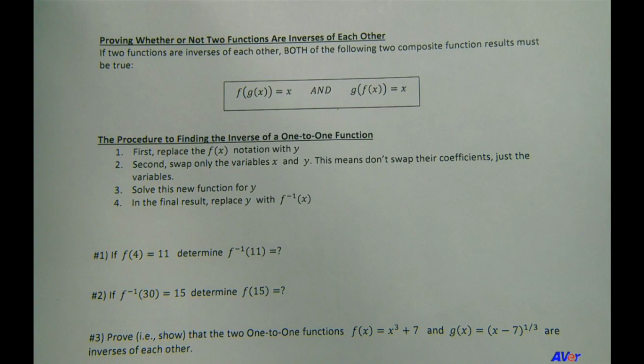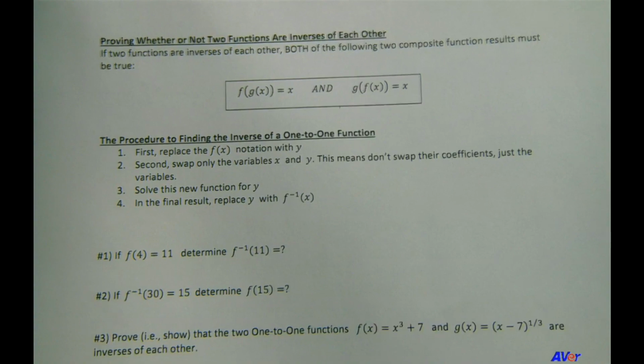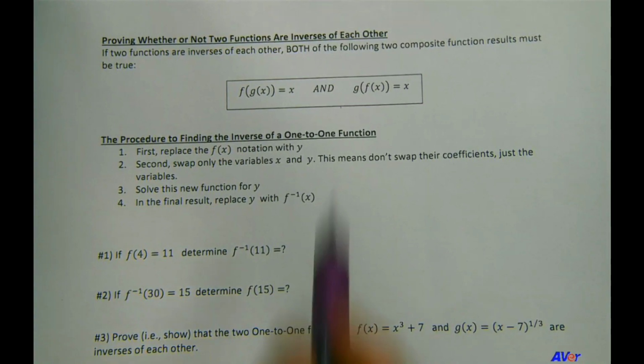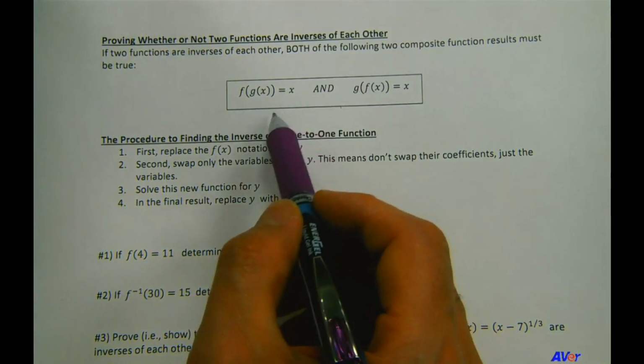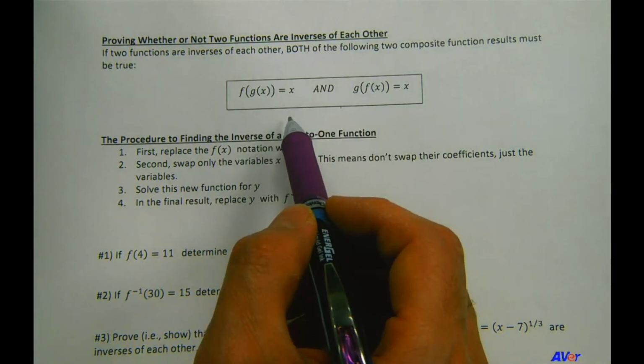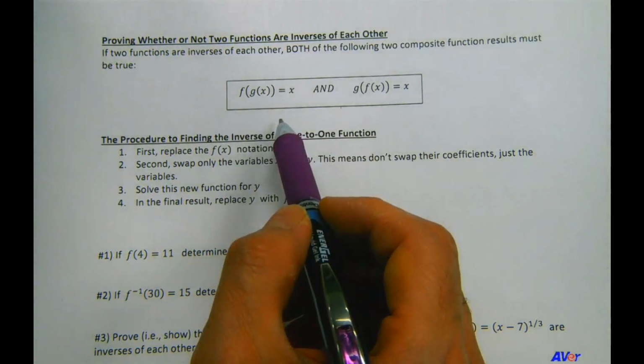If I claim that two functions are inverses of each other, the way we can prove or disprove that claim is by taking the composite function of the inverse function and the original function in both directions.